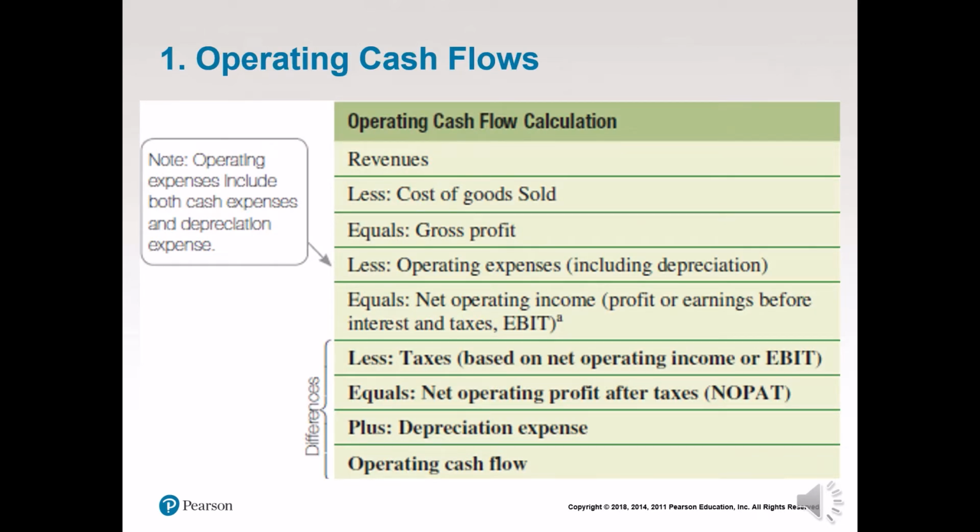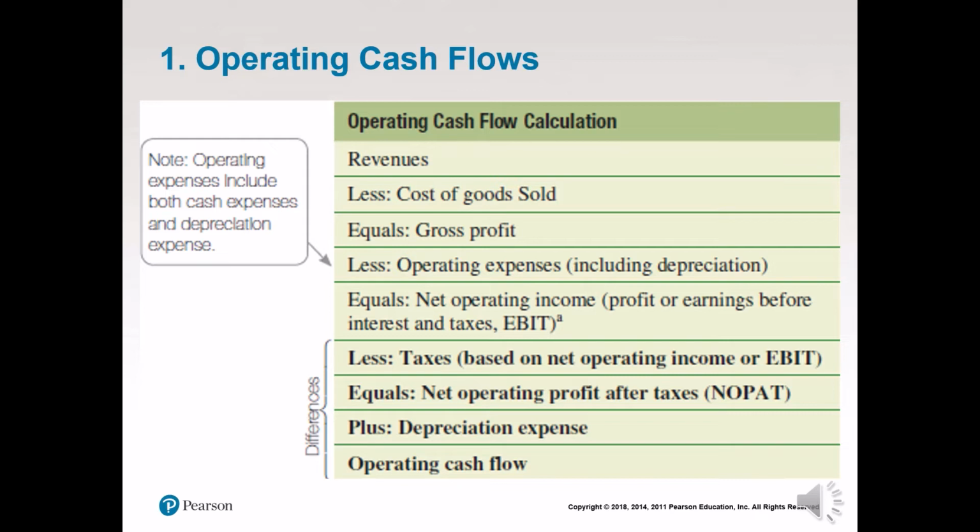Operating cash flow comes from an analysis of the income statement. It starts with revenue. Revenue is generally thought to bring in cash, which it should, and we subtract cost of goods sold, which we've paid for. That equals our gross profit. We're going to subtract operating expenses from that, which oftentimes in your homework will include depreciation.